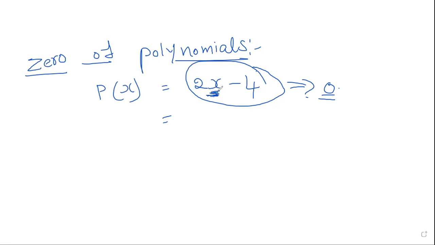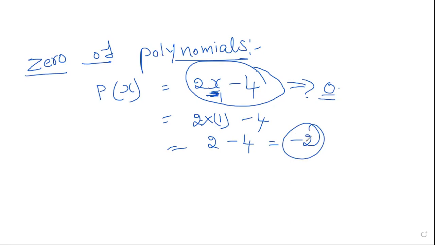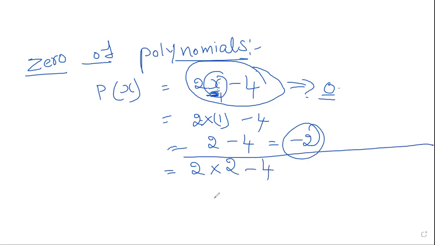For example, now you have 2x minus 4. In place of x, let me put 1. What do we get? 2 into 1 minus 4, that is 2 minus 4, so the answer is minus 2. Now we are not getting 0, so we'll go to the next one. 2 into 2 minus 4, that is 2 twos are 4 minus 4, which is equal to 0.